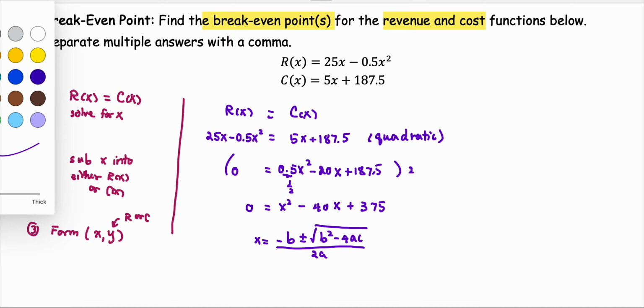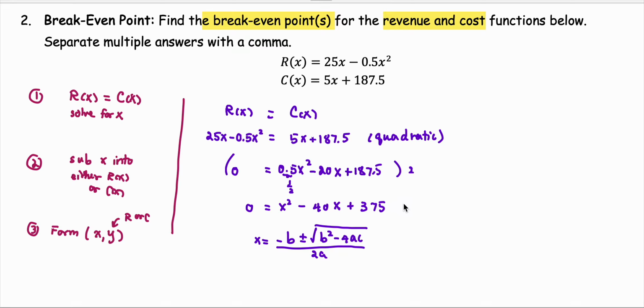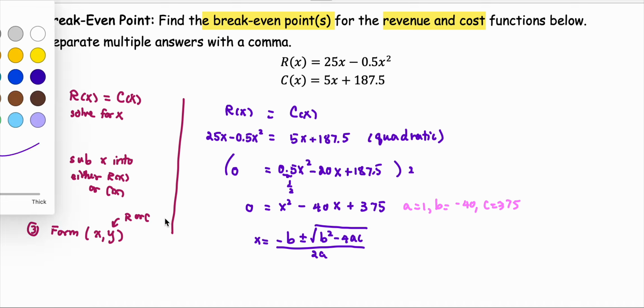In this case, I'm going to use a different color just to make a note here. In our case, a is 1, b is negative 40, and c is 375. So replace them in the quadratic formula.